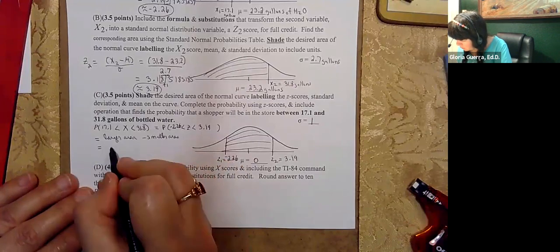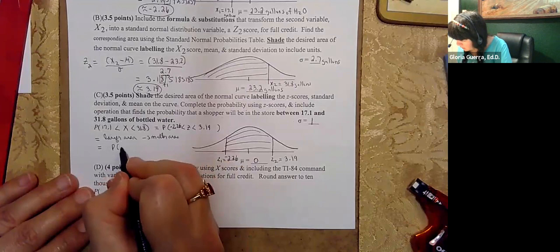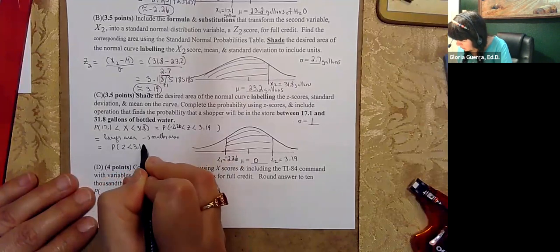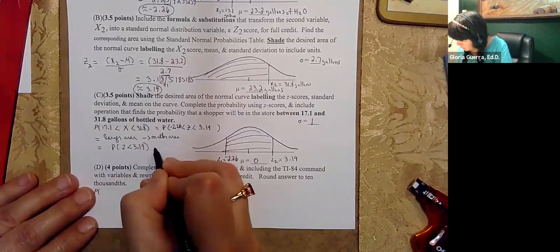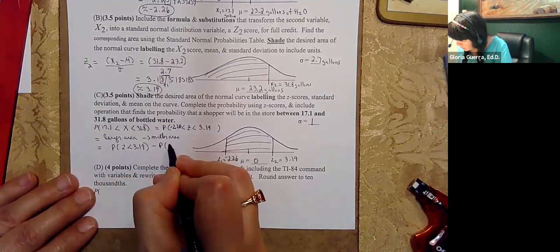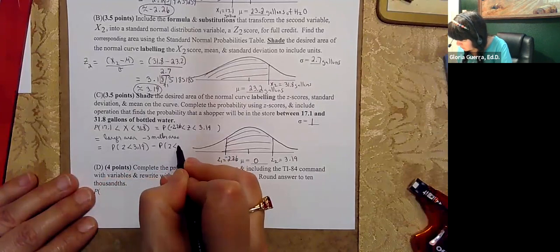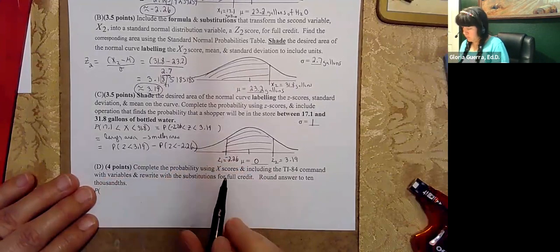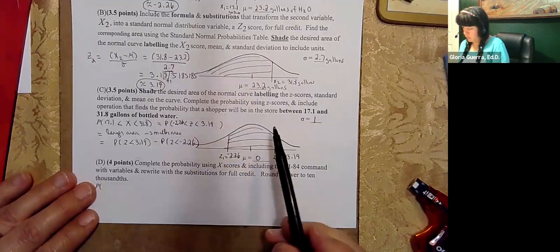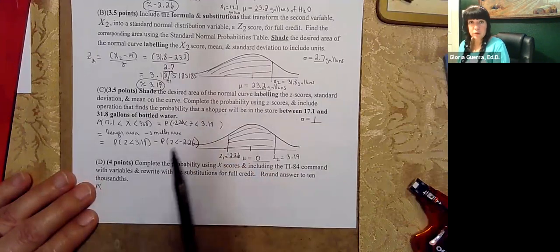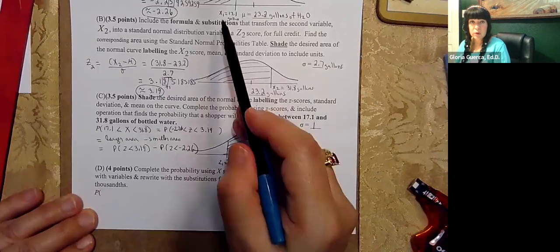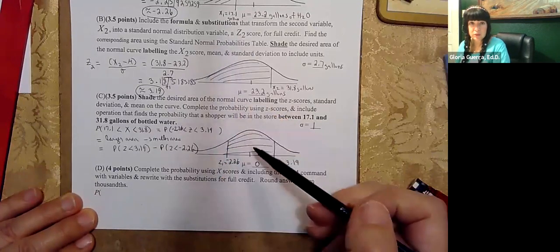The probability that z is less than 3.19 minus the probability that z is less than negative 2.26. So larger area, but now the new z, minus smaller area, but with the new z.